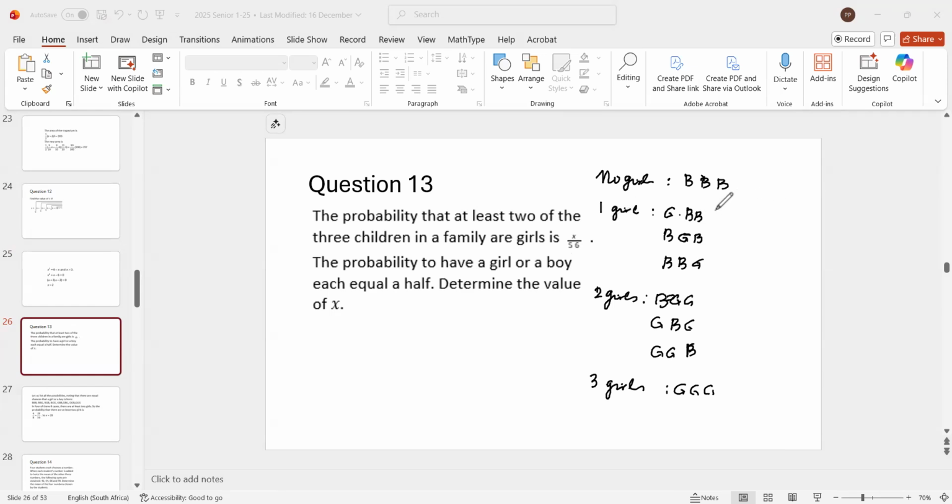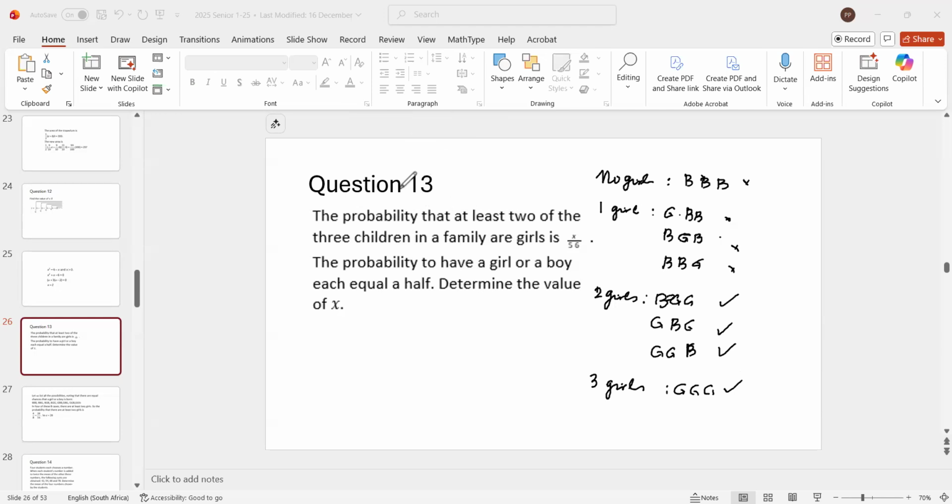Now, the probability that at least two of the children are girls. This is out, there's only one girl. No girls, one girl, one girl. But here, this is in. Two of them are girls, two of them are girls, two of them are girls. At least two means it could be three. So out of the eight possibilities, four of them satisfy the condition.